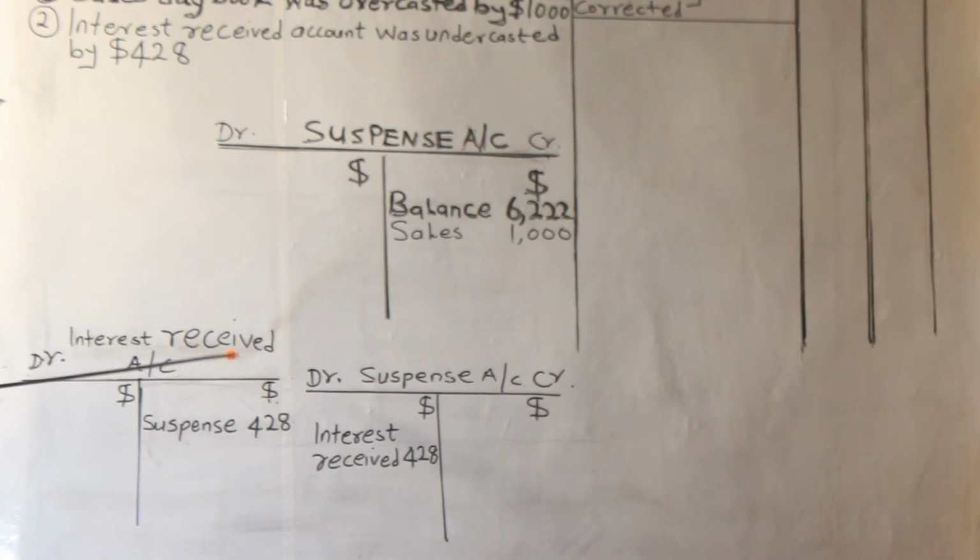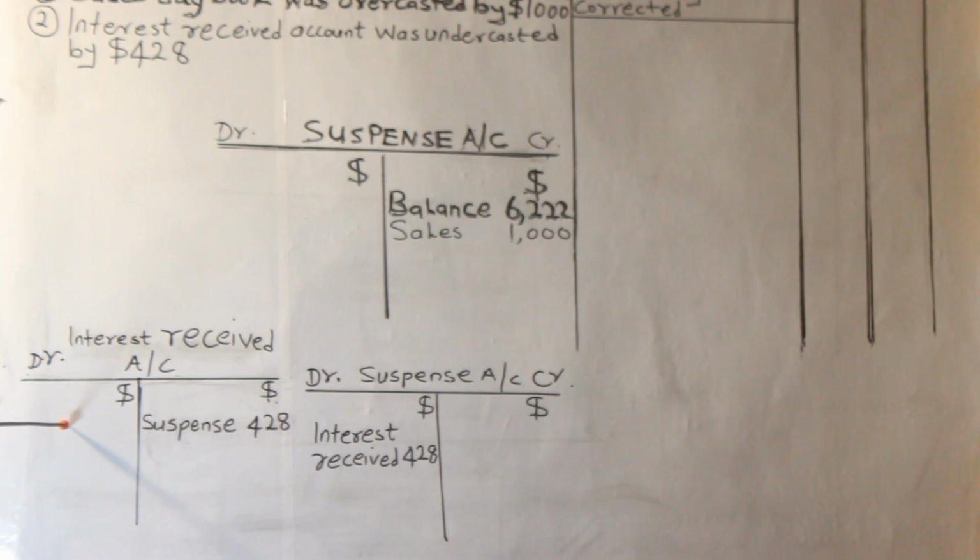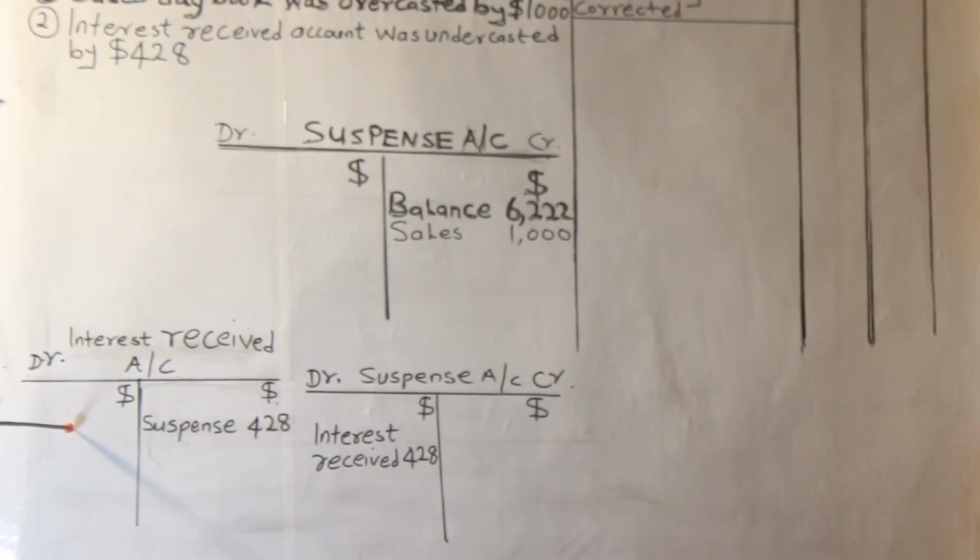So the question you ask yourself: did this undercast cause the credit side or the debit side to increase or reduce? It caused the credit side to reduce by 428. And anything that causes the credit side to reduce means it has increased the debit side of the account. Therefore, in the trial balance, it means that the debit side has been increased by 428.